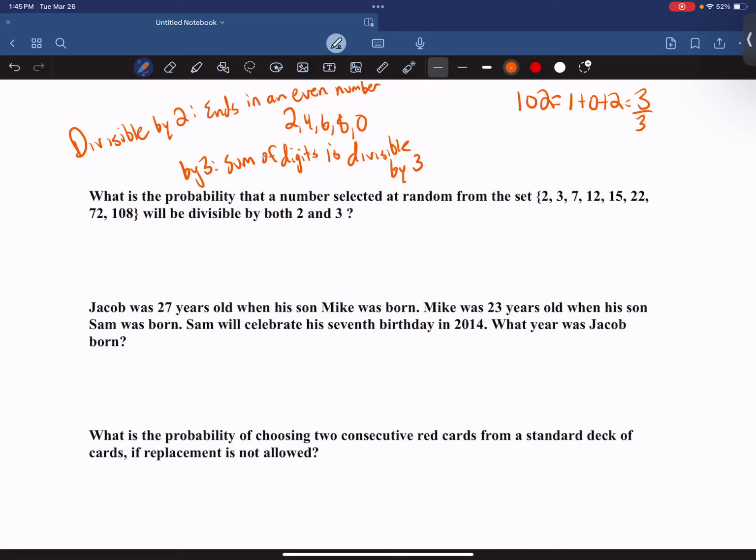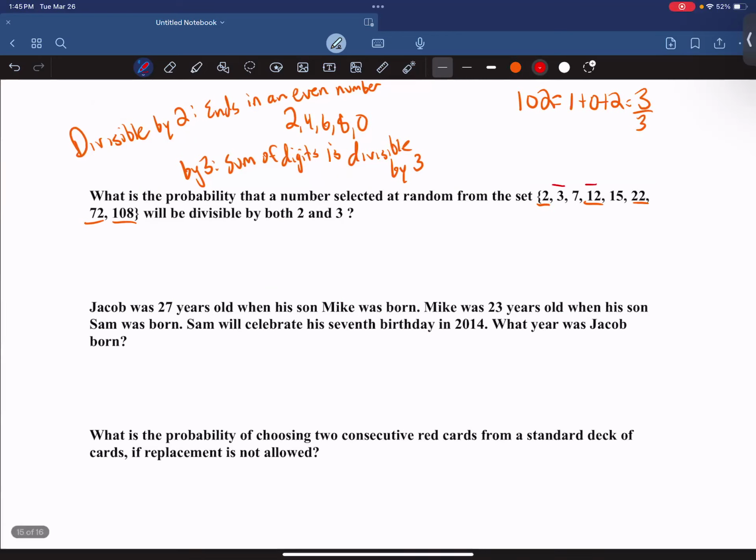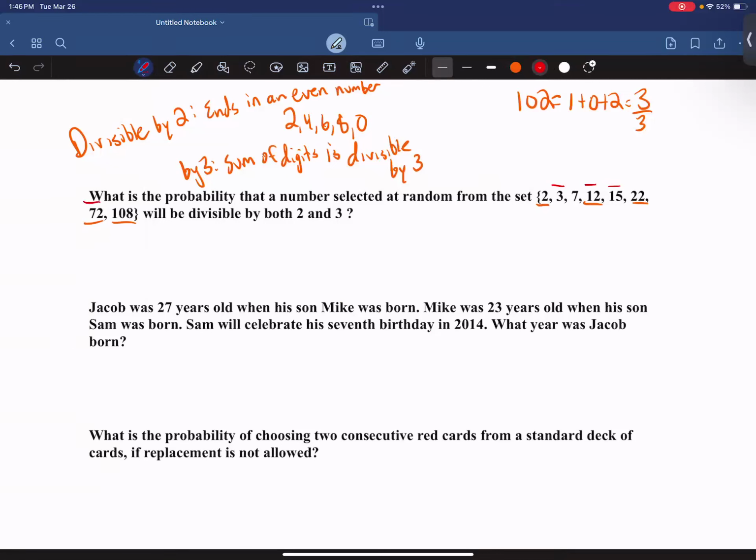So now let's look. 2, 12, 22, 72, and 108 are all divisible by 2. 3, 12, 15, 72, and 108 are all divisible by 3.